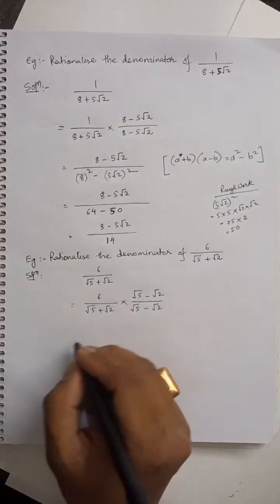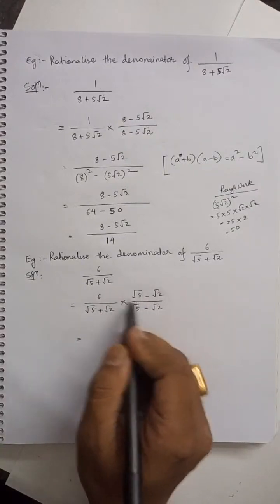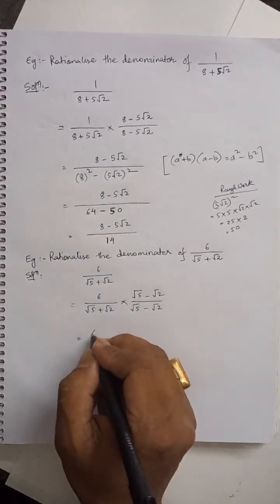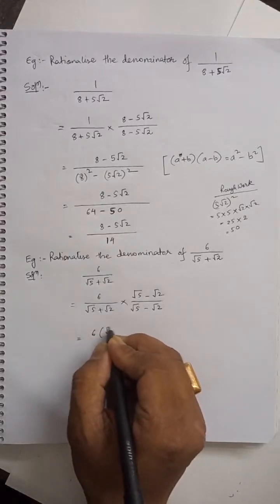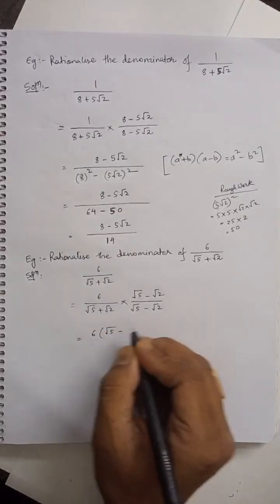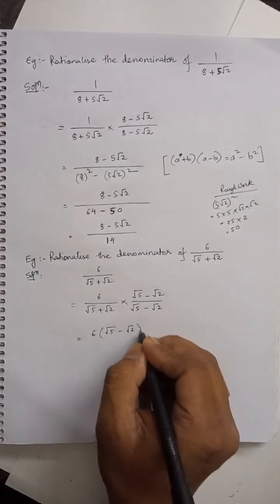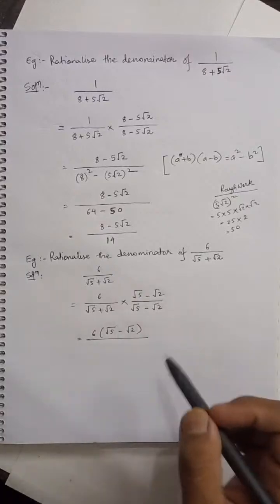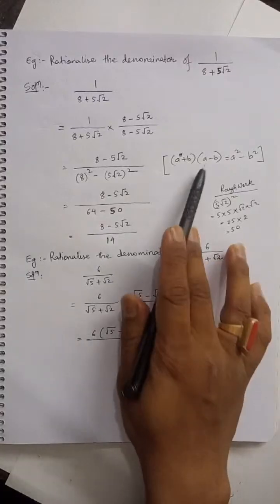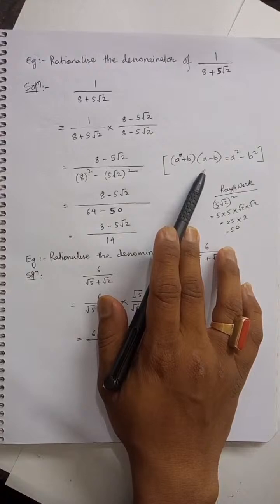So 6 into root over 5 minus root over 2, we cannot multiply further. Or if you want, you can write 6 root over 5 minus 6 root over 2, but there is no point writing it. So I'm not going to repeat. We are going to use the same identity, a plus b into a minus b.